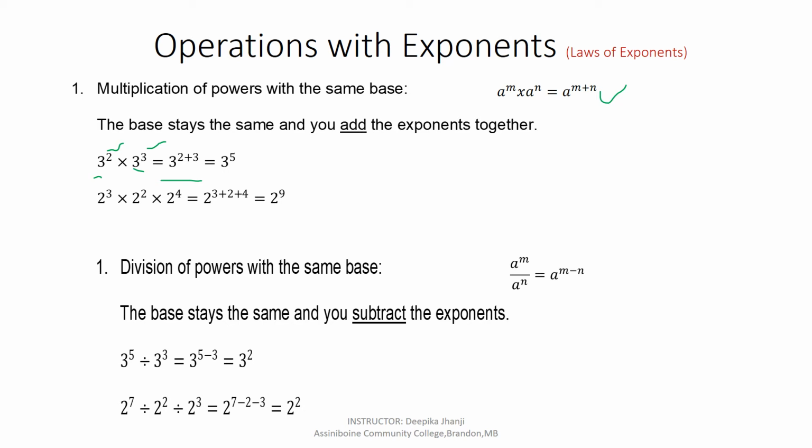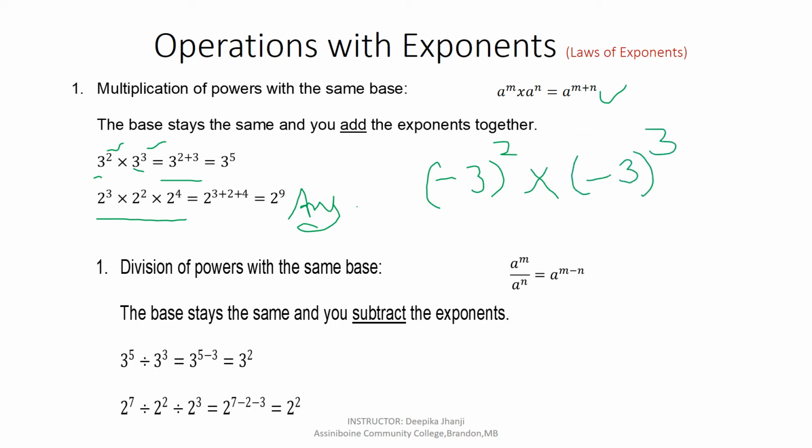Another example here. So again, 2 is the common base, right? So you'll add the powers. So 3 plus 2 plus 4, and that becomes 2 raised to power 9. That's your answer. It is true for a negative base as well. Let's say you have negative 3 square times negative 3 cube, right?